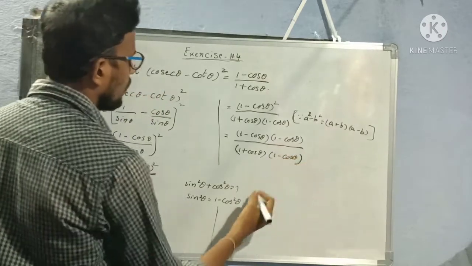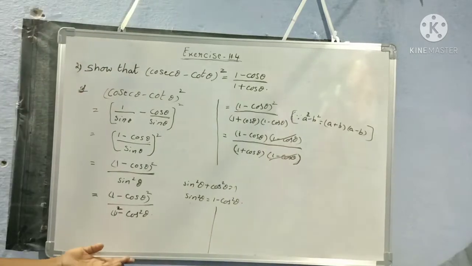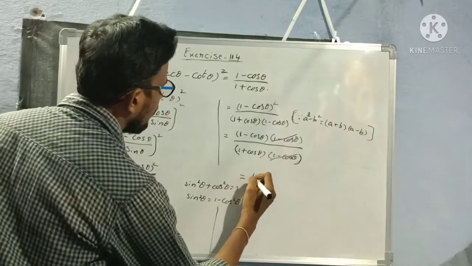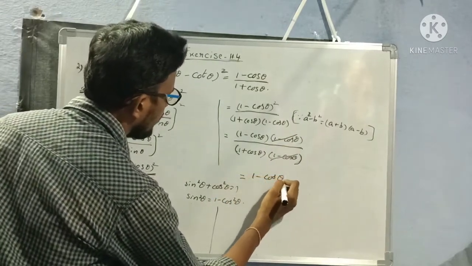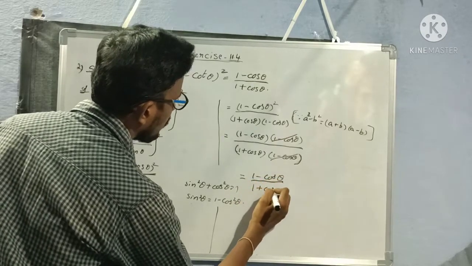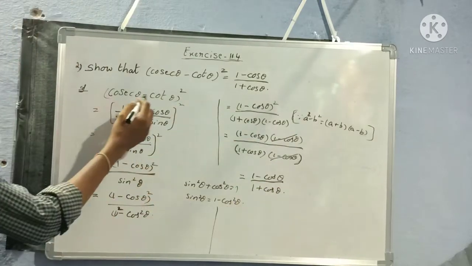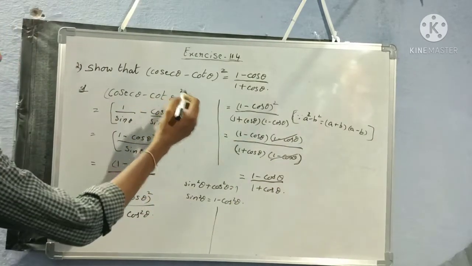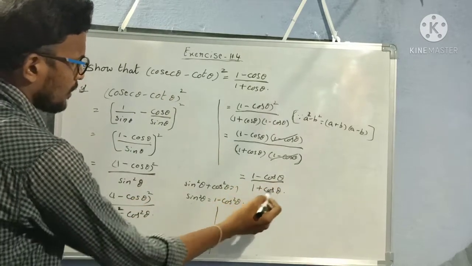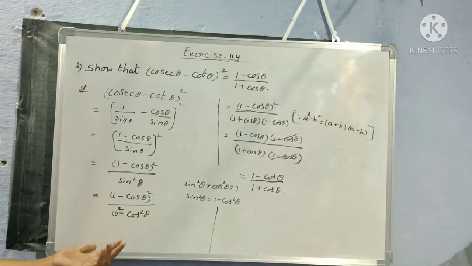So here I can cancel 1 minus cos theta in numerator and denominator. I am left with (1 minus cos theta) by (1 plus cos theta). So this is your RHS. So we have proved that (cosecant theta minus cot theta) whole square is equal to (1 minus cos theta) by (1 plus cos theta). This is how we need to prove the second problem.